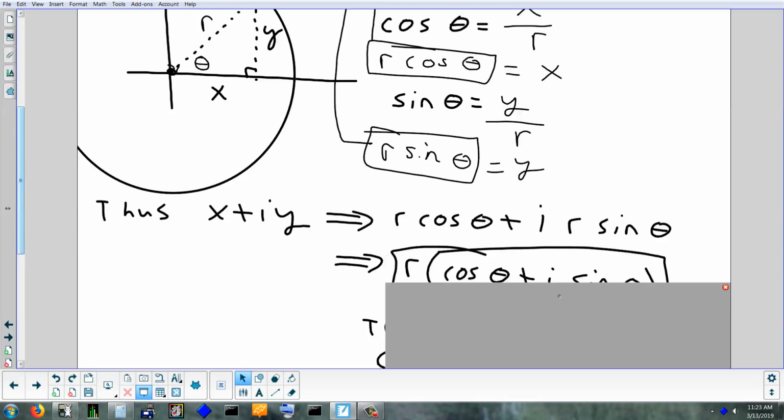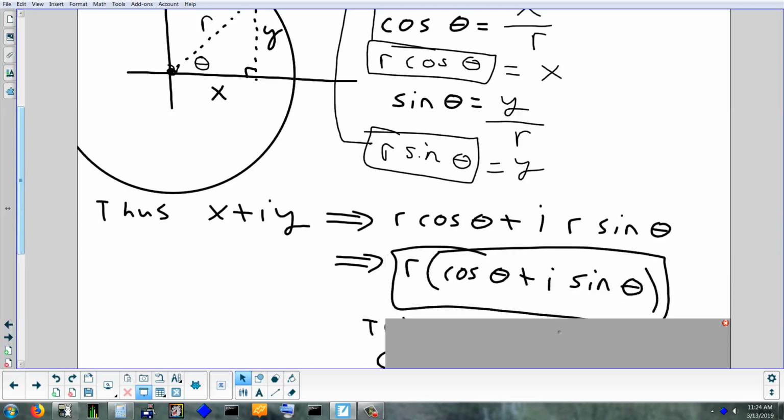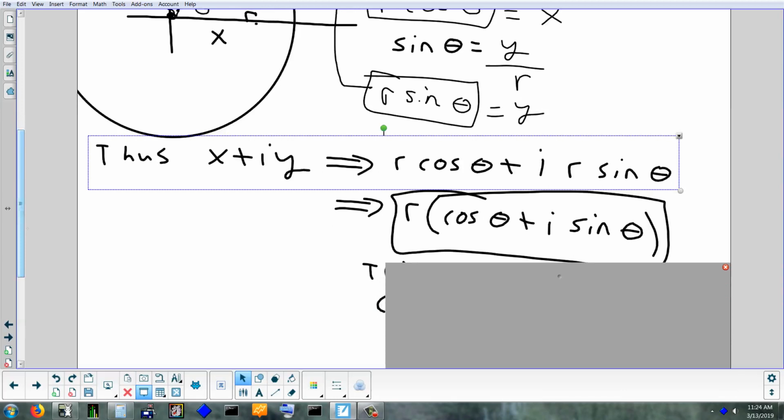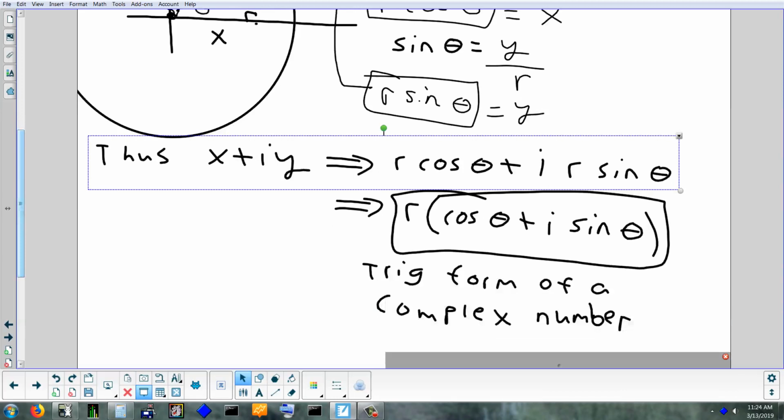So instead of writing the r twice, we can just put it in front of everything once. If you were to distribute that out, you'd have r times cosine theta plus i times r sine theta.